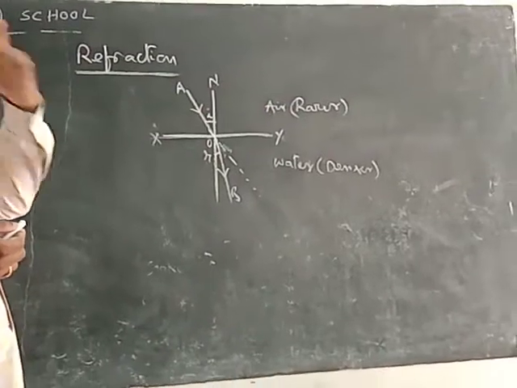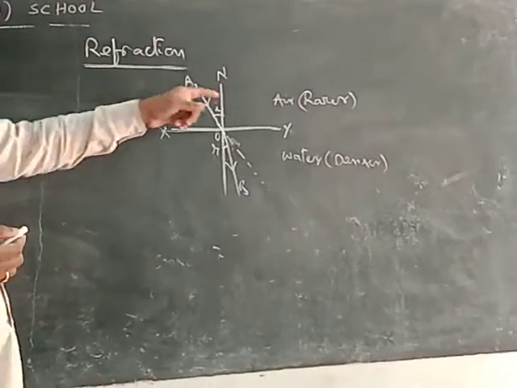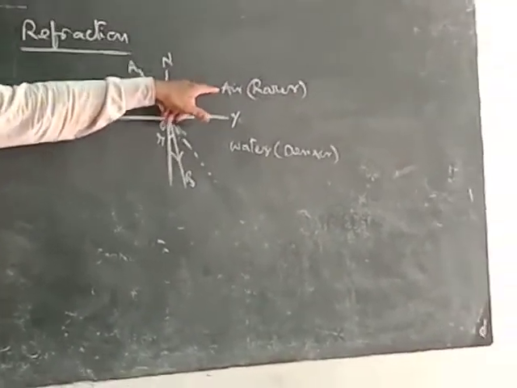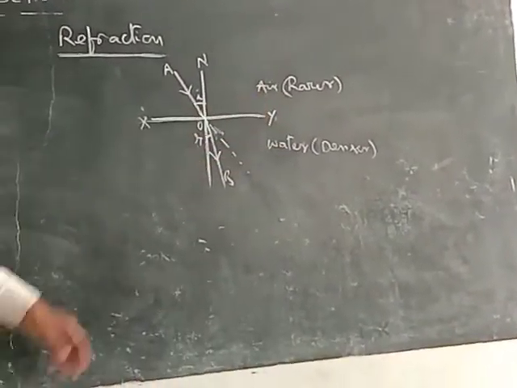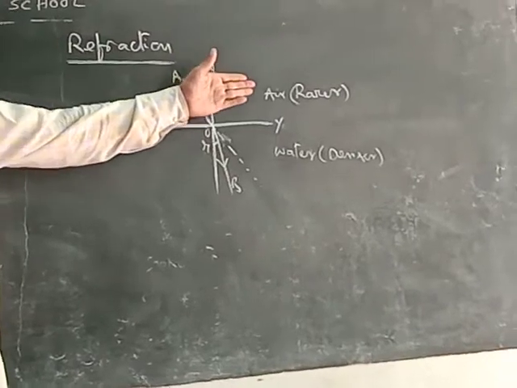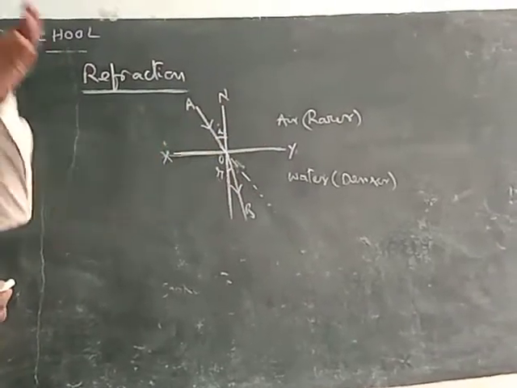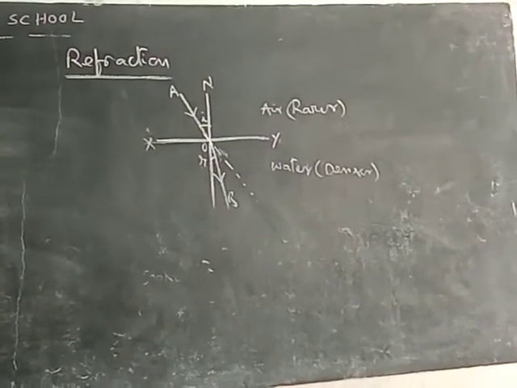Okay, here, rarer medium. Comparing two media, the one with less density is called the rarer medium, and the one with more density is called the denser medium. Here, air and water: air is the rarer medium, water is the denser medium.